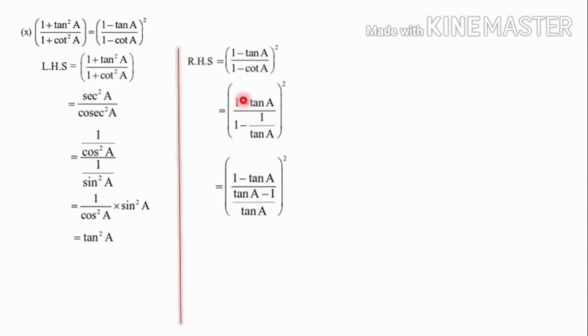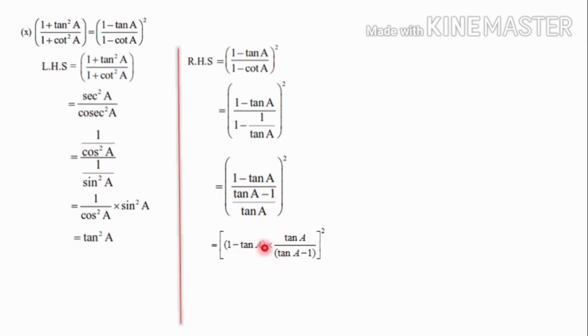Normal calculation, 1 − tan A divided by the denominator's LCM. If you take tan A as the common LCM, then tan A into 1 is tan A, so (tan A − 1)/tan A. It's written here, the whole square. Then again as before, in the calculation 1 − tan A, the division becomes multiplication, then the reciprocal of the denominator, that is (tan A − 1)/tan A reciprocal is tan A divided by (tan A − 1).